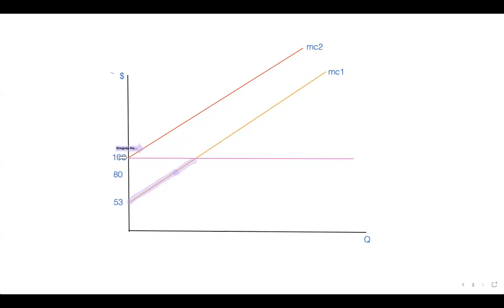And at that point, I could produce a unit at the high cost factory for 106. So it would be dumb for me, if I'm trying to minimize my cost, to keep utilizing this factory and not utilize the high cost factory at all.